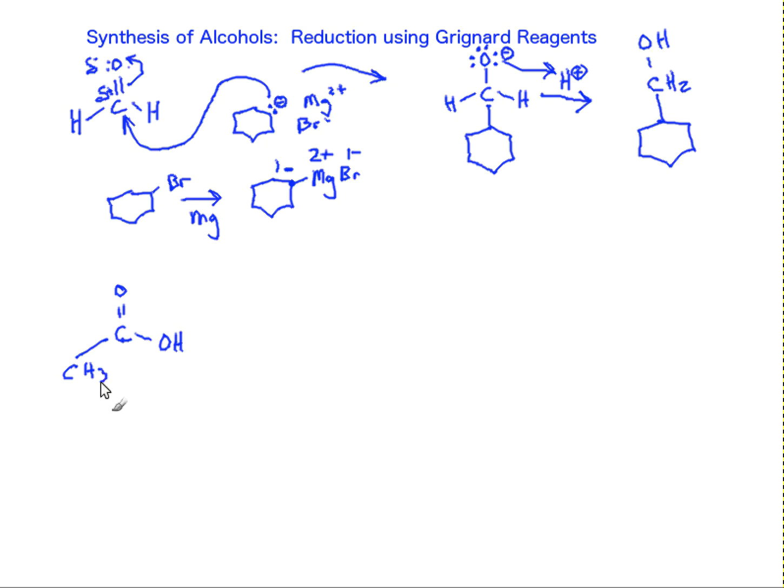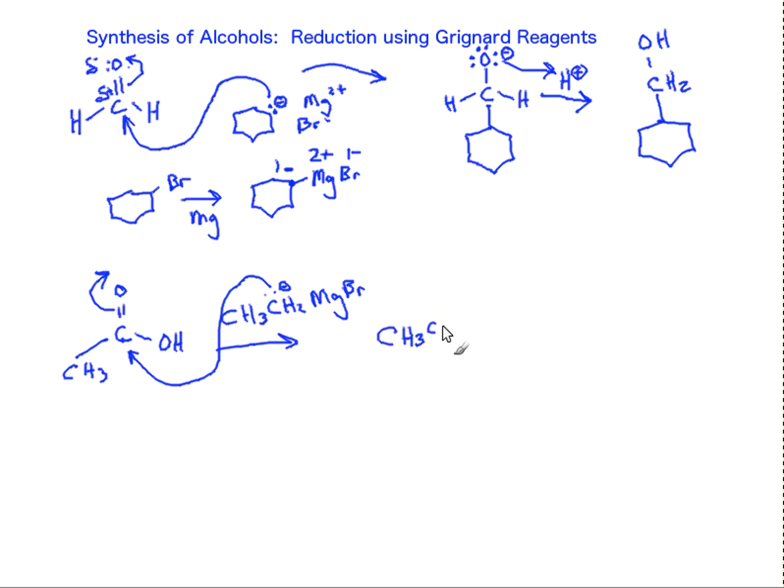Here's our acetic acid again. Let's react it with a simple, let's do not so simple, Grignard reagent here. Again, you have to remember which is the alpha carbon. Here's our alpha carbon. This is the one that's going to be very nucleophilic. We'll react that with the carbonyl carbon to generate our alkoxide intermediate.